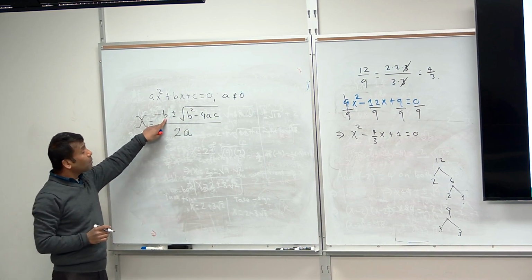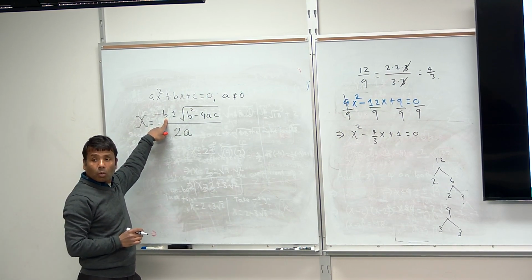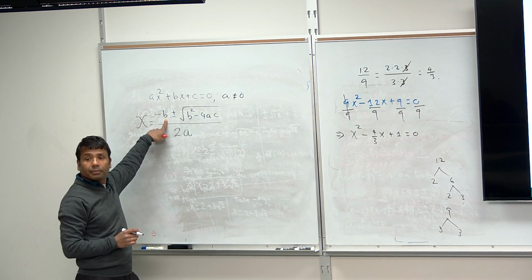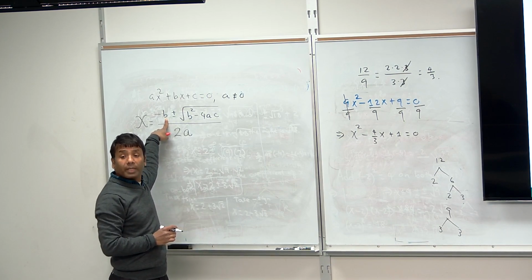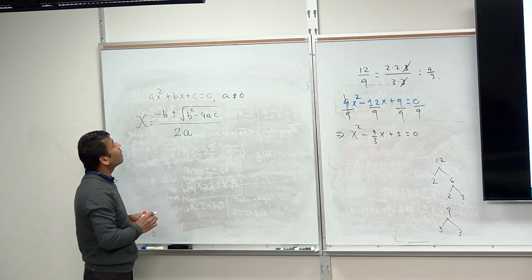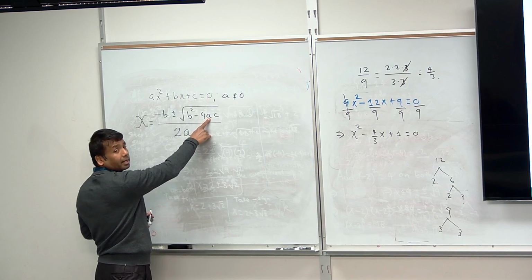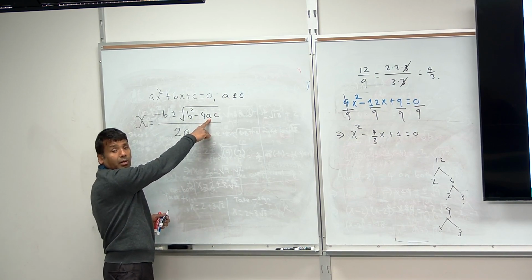So what is b here? What does b represent here? b is the coefficient of x, right? What does a represent here? What is a?